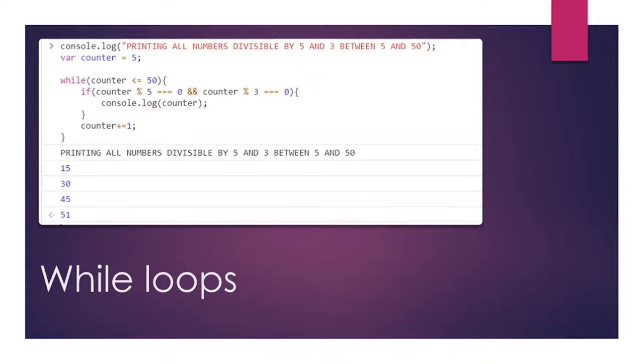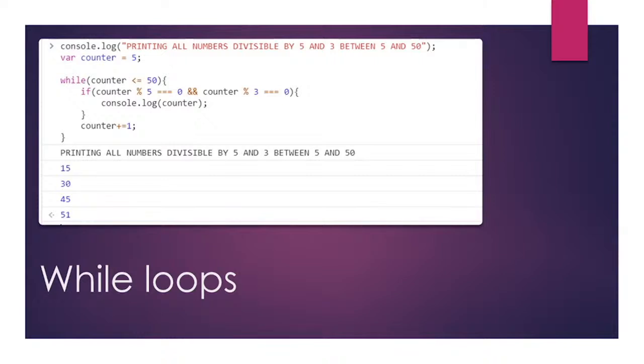Okay, so in this case, I'm printing out all the numbers divisible by 5 and 3, and I'm using this if condition which allows me to evaluate over some expression, and then I'm using console.log.